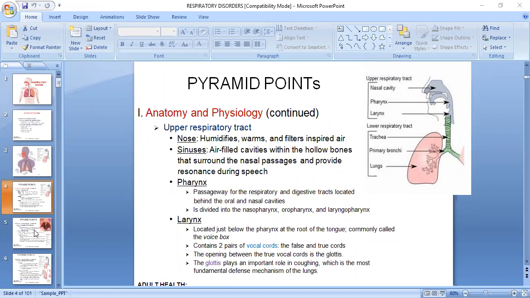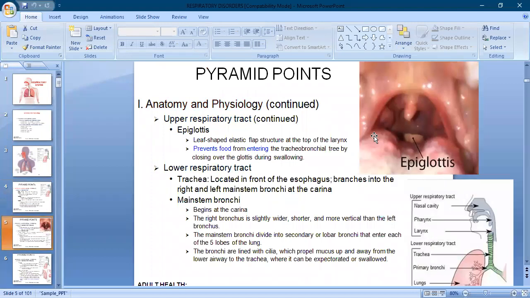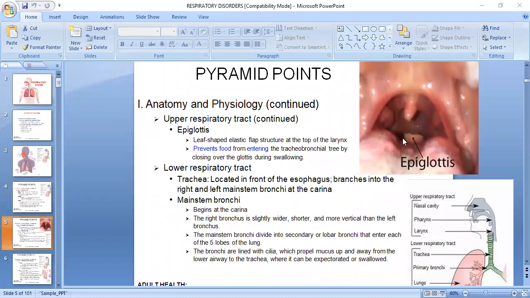right? So now this picture here is showing the epiglottis. When we eat something, the epiglottis closes the respiratory system, and sometimes infection occurs in the epiglottis, and this is called epiglottitis. So in the upper respiratory tract, one of the important organs is the epiglottis, right?